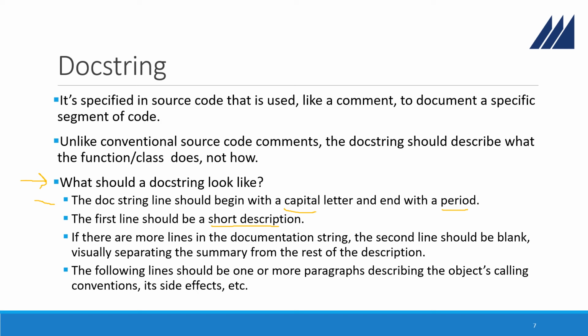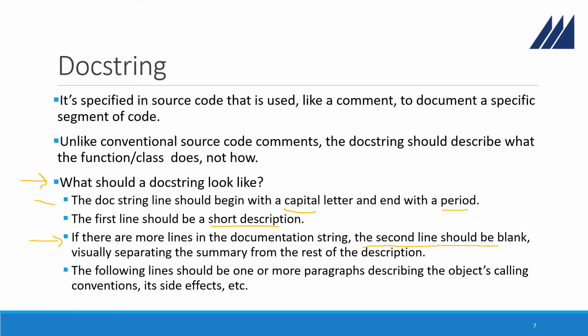Just short and brief. If we have more lines to describe or document our class, method, or function, we need to write them after that, but the second line after the first line always needs to be blank, and we start to write from the third line.